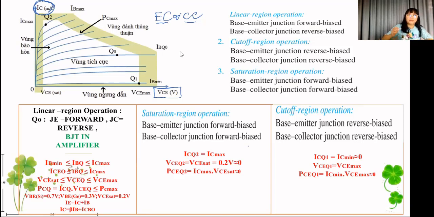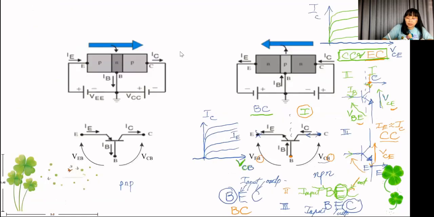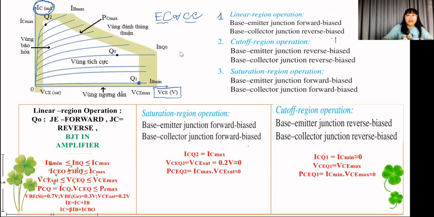Here we have 3 positions. The quiescent point is here, equal to Q1. We have BJT in the cutoff, because the current of the collector is equal to 0.